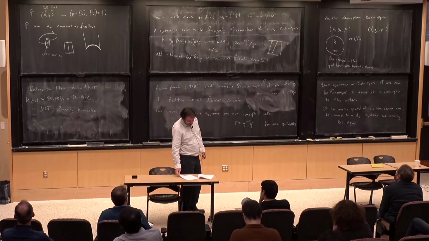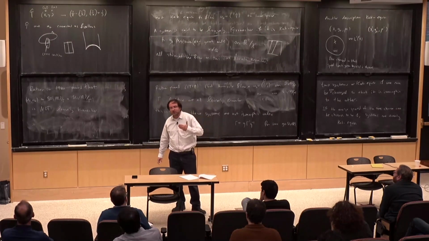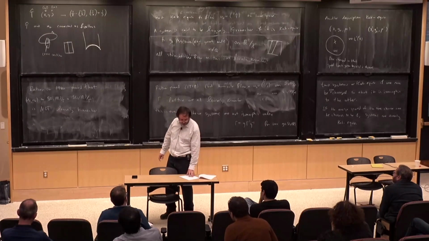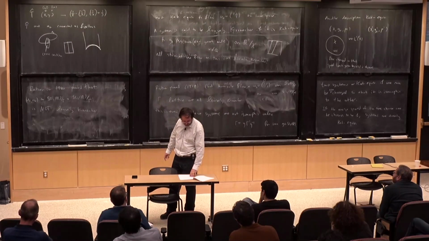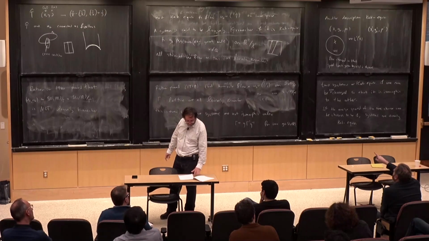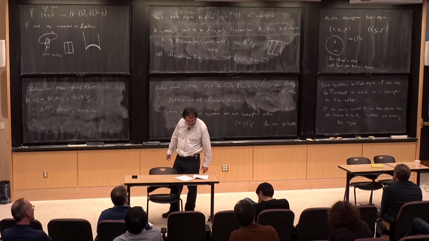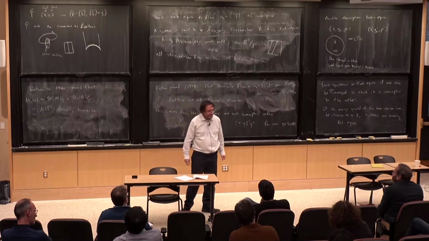And that's a much harder paper in my mind. That's actually what got Ratner into unipotent flows and eventually led to these wonderful theorems I described in my first lecture.